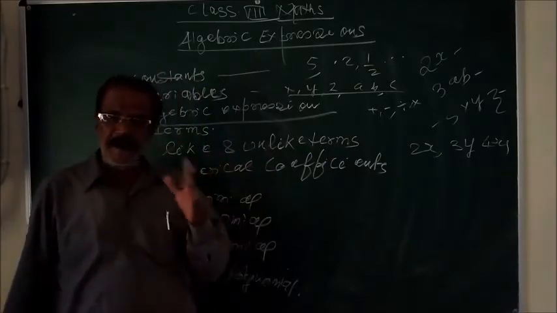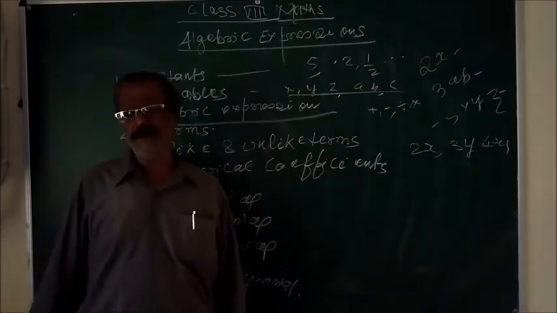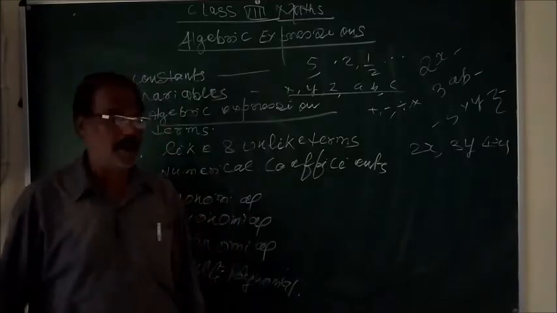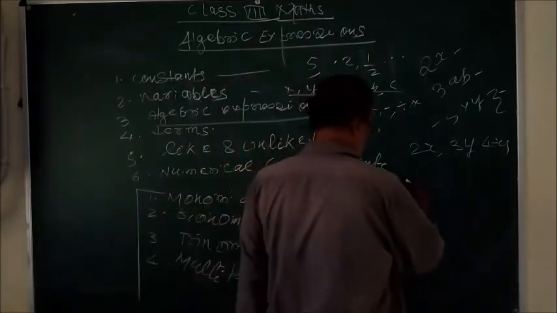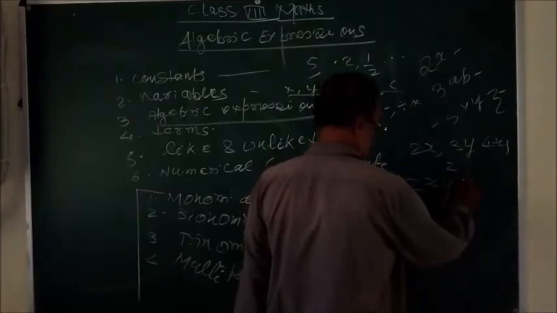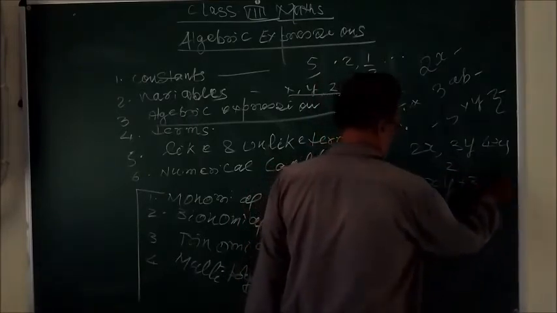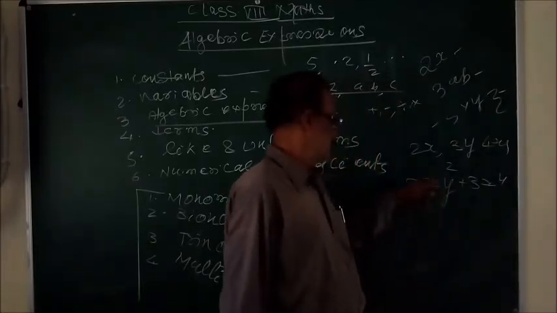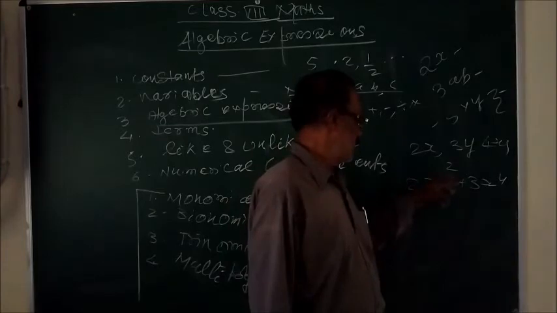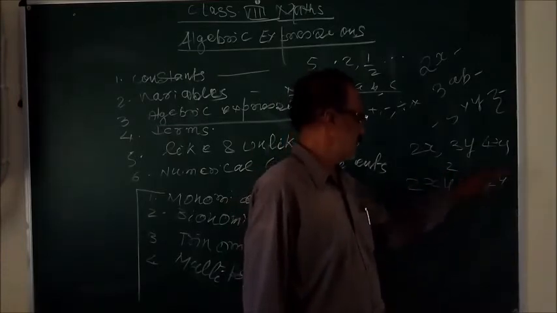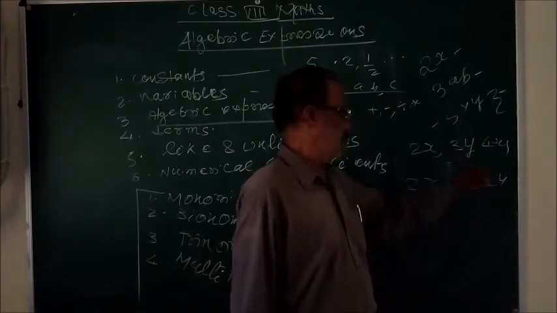First you understand what the degree of the polynomial is. Suppose this is the algebraic expression 2xy squared plus 3x to the power of 4. The power of the variable here is 2, and here the power of the variable is 4.